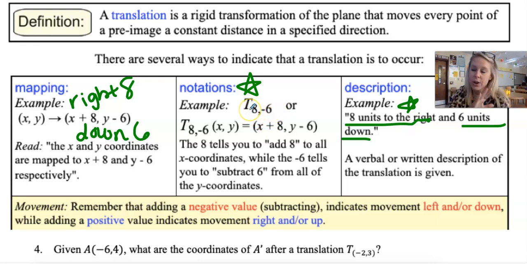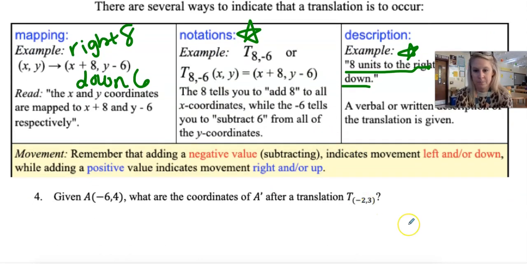The first number is your x coordinate. The second number is your y coordinate, how far it moves. So for example, T(8, -6) means positive 8, hence plus 8, and negative 6, minus 6. Okay? So those are the 3 ways that you can write a translation.